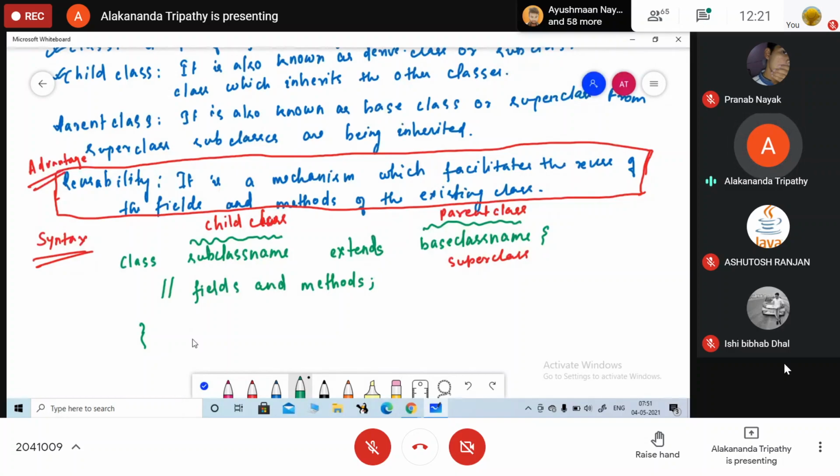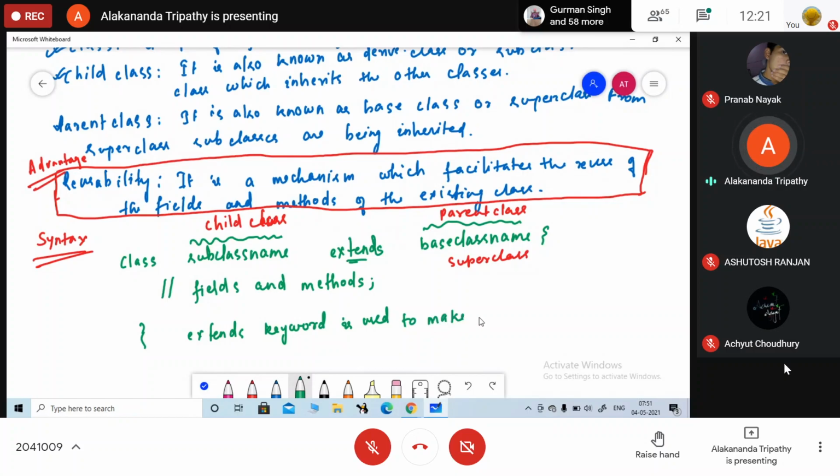So note down about the extends keyword. The extends keyword is used to make a new class that derives from an existing class.